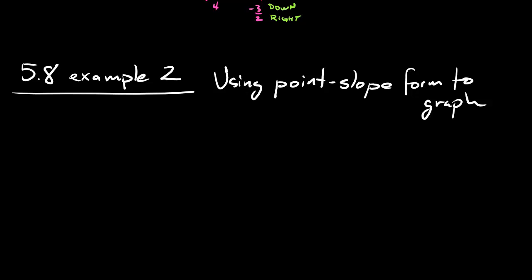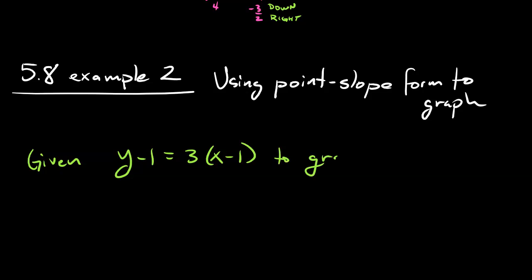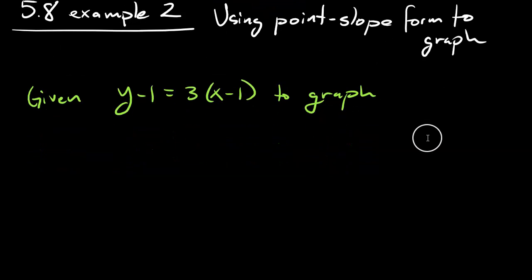So let's say you're given y minus 1 equals 3 times x minus 1, and we're told to graph it. What you're supposed to recognize is this is point slope form, because you have a number on the y and the x and a number multiplied in front of a parentheses.